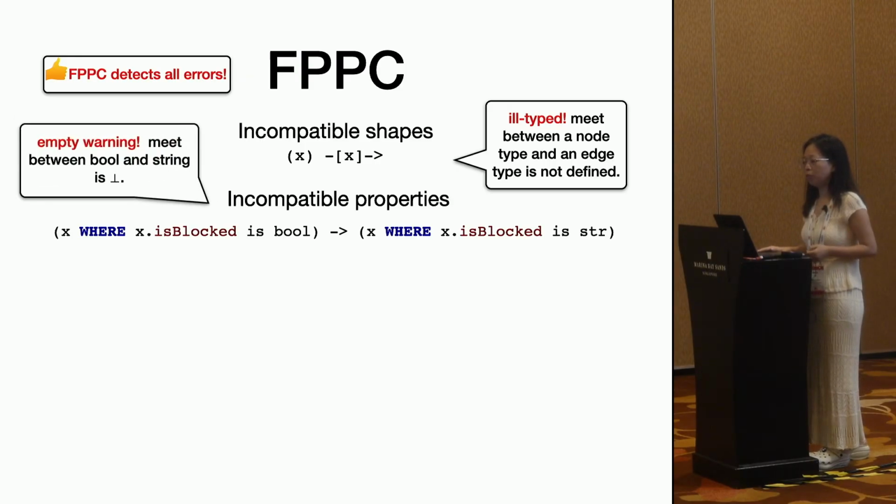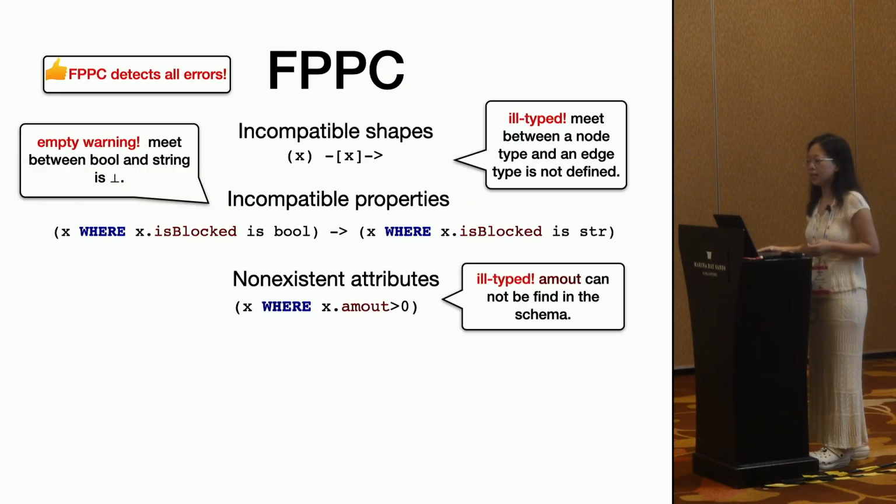Then for the second example, the incompatible properties raise an empty result because the meet between bool and string is bottom. Then the non-existent attribute is ill-typed because the attribute could not be found in the schema. Of course, it depends on the schema. If we have this typo amount, then it's going to be well-typed.